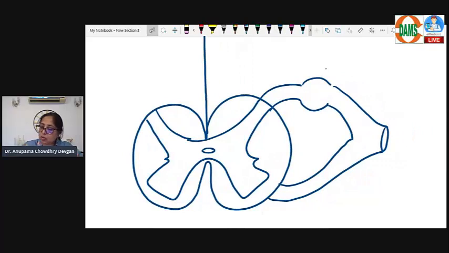Now the first order sensory neuron, which we've done so many times now, is the dorsal root ganglion cell, which we have already discussed.